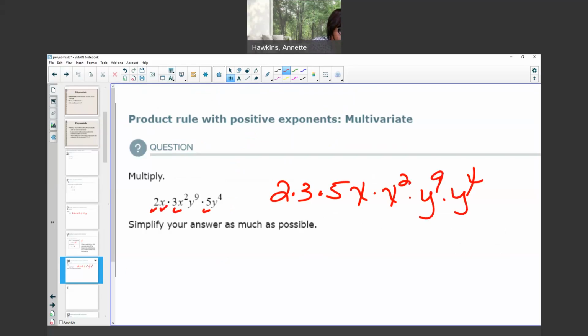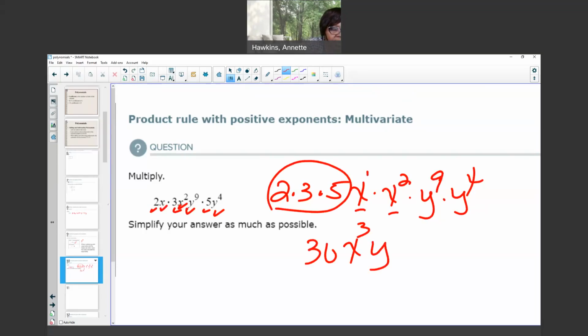I got x to the first, x squared. Y to the ninth, y to the fourth. So I have all of these in order. I multiply the numbers. That's 30. Keep the base, add the exponents, x cubed. Keep the base, add the exponents, 13. 30x cubed, y to the 13th.